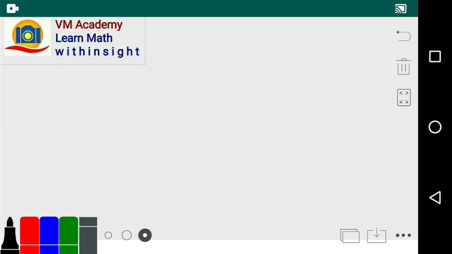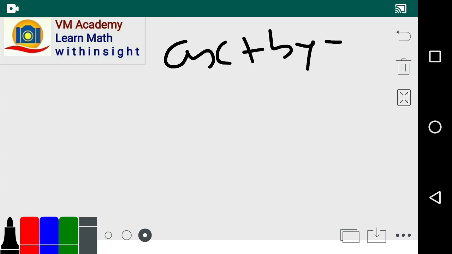Also, we learned how to calculate other solutions if we know at least one solution, that is, let x naught and y naught be the solution.